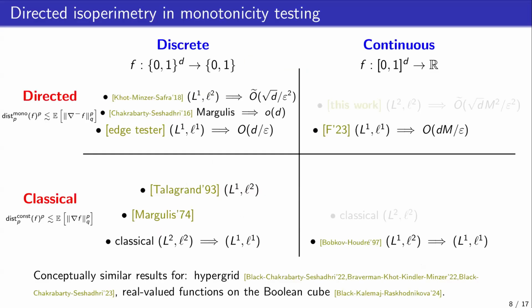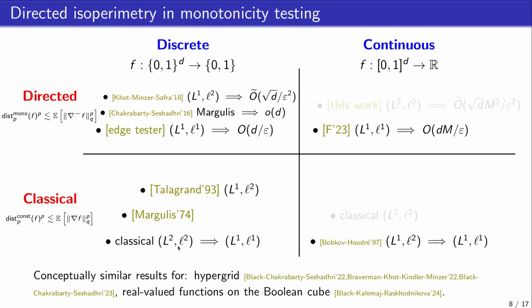Now let me show you this map, which essentially plots the depth and breadth of connection between monotonicity testing, directed isoperimetric inequalities, in particular directed Poincaré inequalities, and the classical versions of these inequalities. So without listing all of the developments, let me just tell you that here in this discrete column, which is talking about the fully Boolean setting, what I just told you about the edge tester was that an L1 Poincaré inequality in the directed sense implies this linear query complexity for the tester, d over epsilon queries suffice.